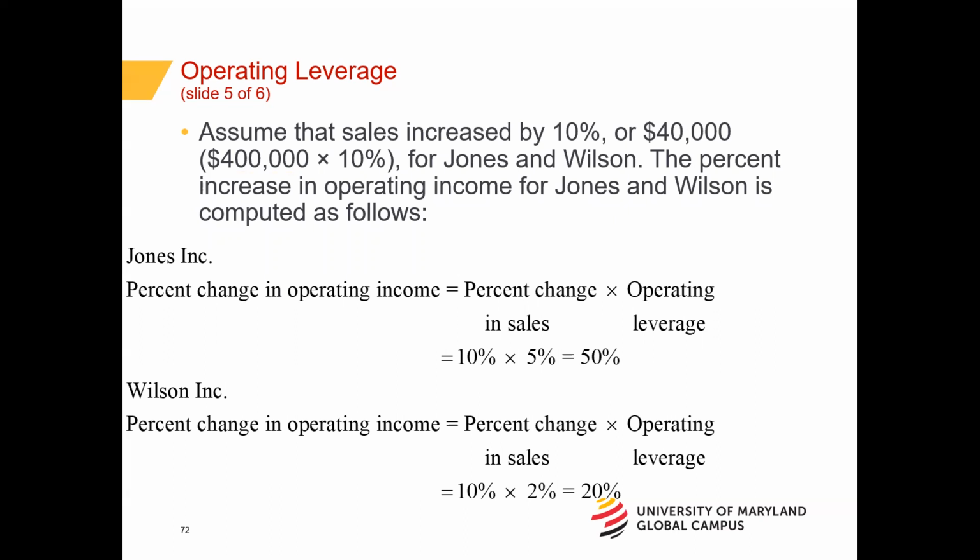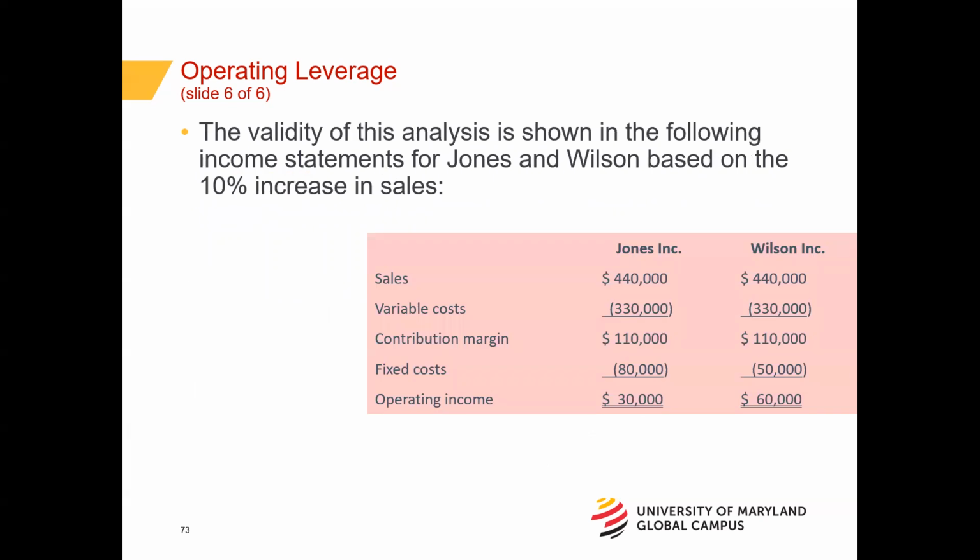So 10% change in sales times the operating leverage of 5 equals 50% change in operating income. We do the same thing for the other company as well. And again, this information is really helpful to know, and it's a nice way to validate it.